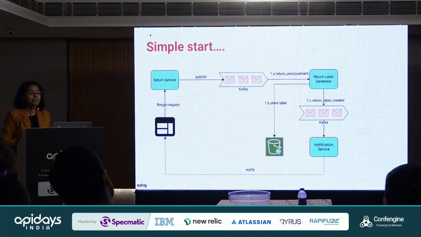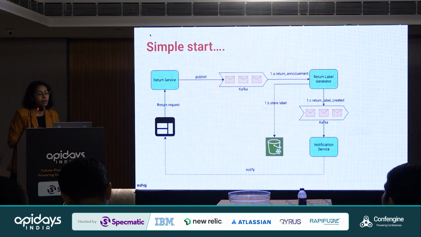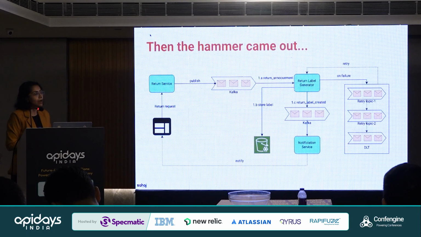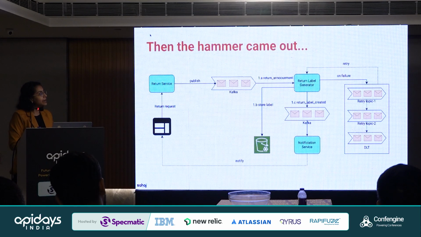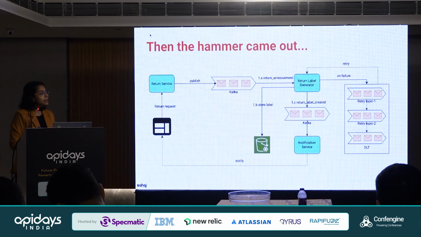But the complexity started when we started thinking about resiliency, especially because we were dependent on an external carrier API for our label generation. And when we started doing that, we ended up creating a chain of topics. The number of topics that we had defined was based on the number of retries we had.